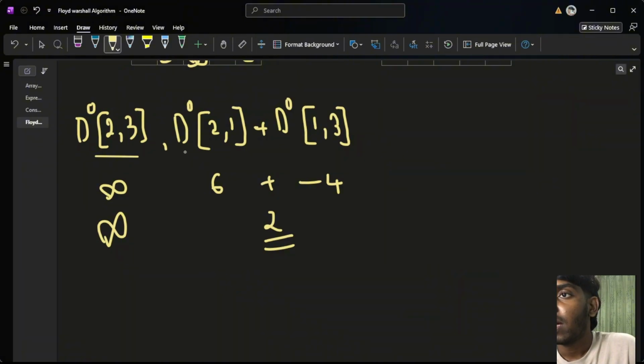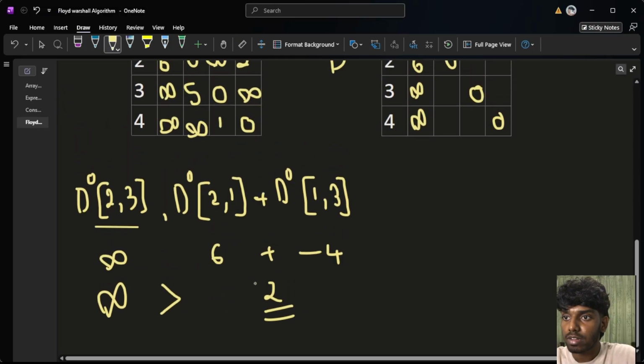After we finish these steps, we have to get the minimum number, which means the minimum distance. You can see it's obvious the 2 is the minimum number.